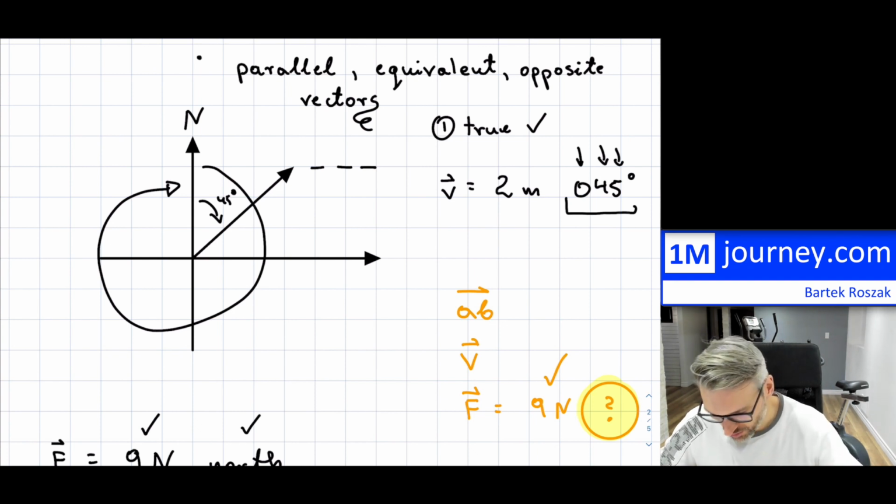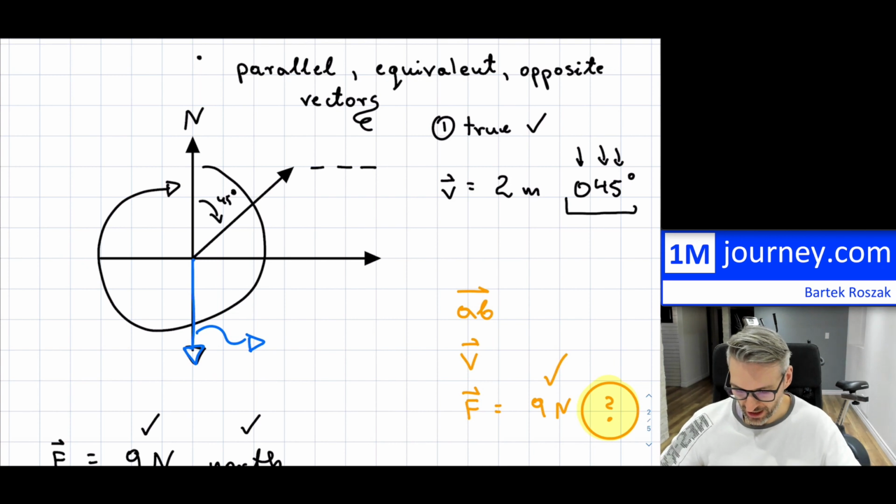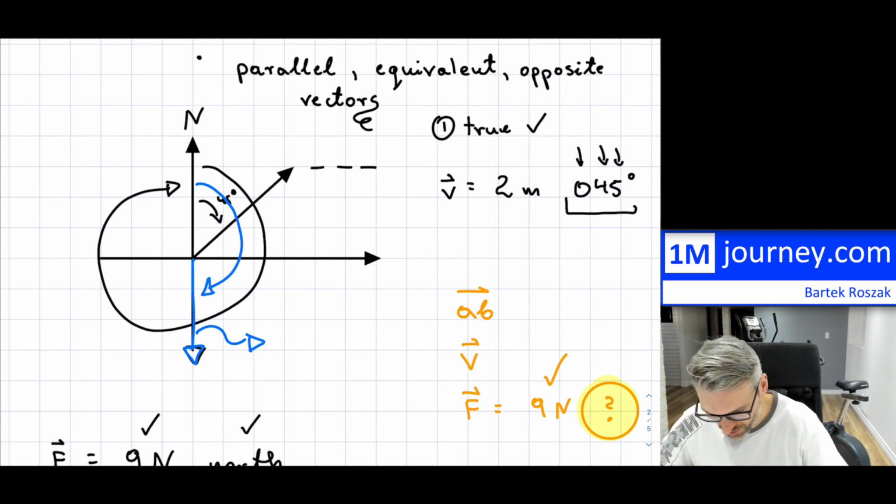And if this was a little bit further, so let's say maybe it was straight down. So it was somewhere within here. Let me change the color so that it kind of pops out. So let's say maybe it was this one. Again, let's assume that it's still 2 meters. Because now you have moved all the way over here, which is 180, so that would have been 180 degrees.